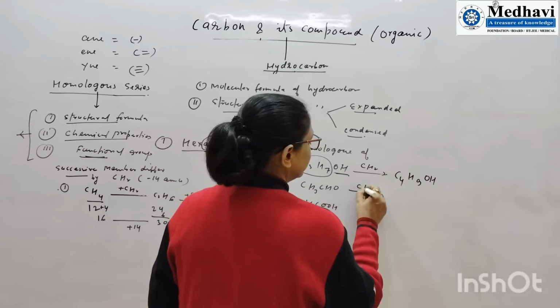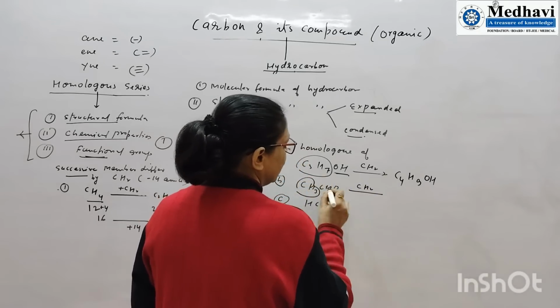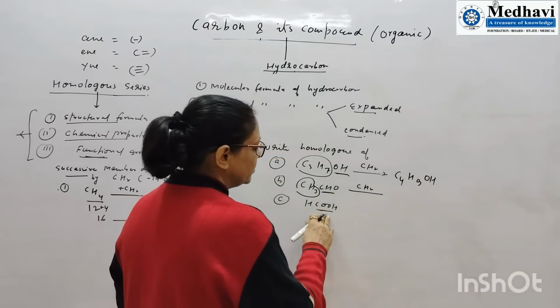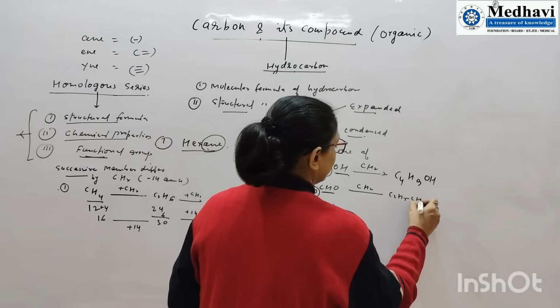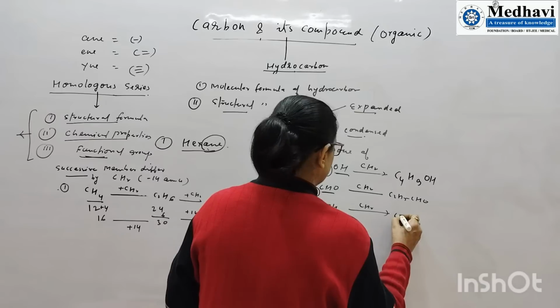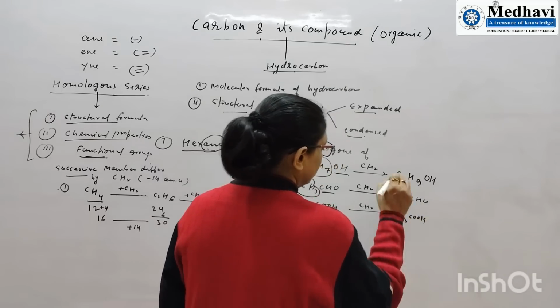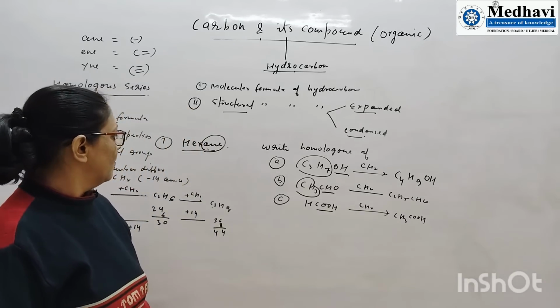Here again add CH2, mind it, you have to add it only to this part. This is the functional group, I will explain it later. Don't use the functional group, add CH2 here. So it will be C2H5CHO. In this way we can find the next homologue of the given compound.